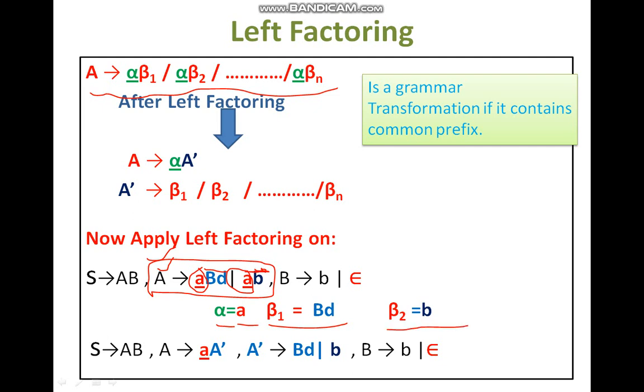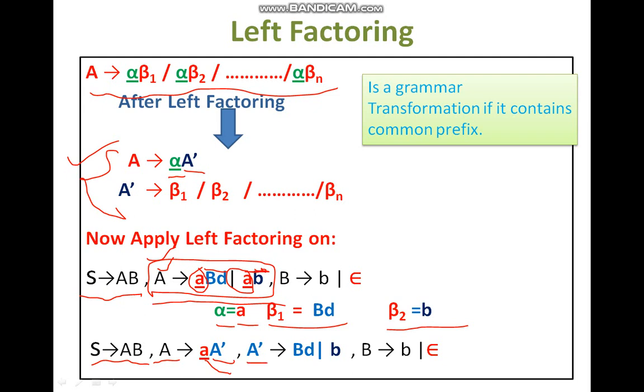Now apply this rule for left factoring. For this production rule we will write A produces alpha A dash, that is A followed by A dash.